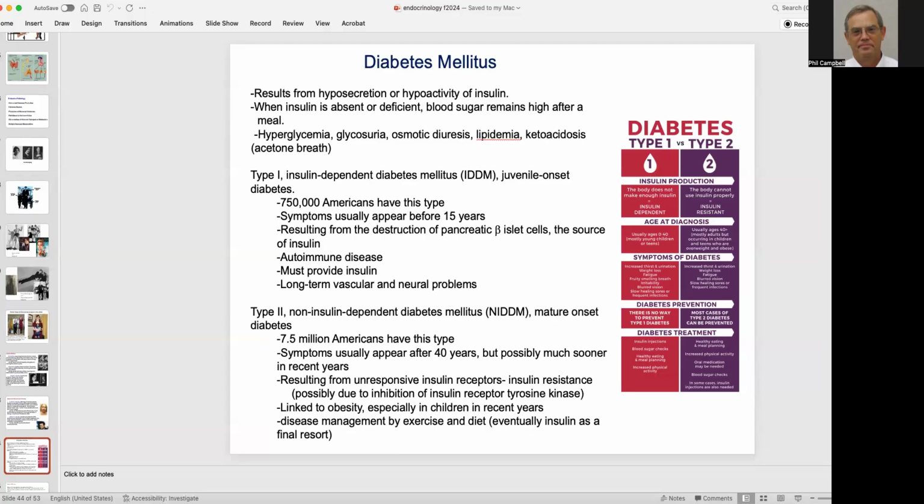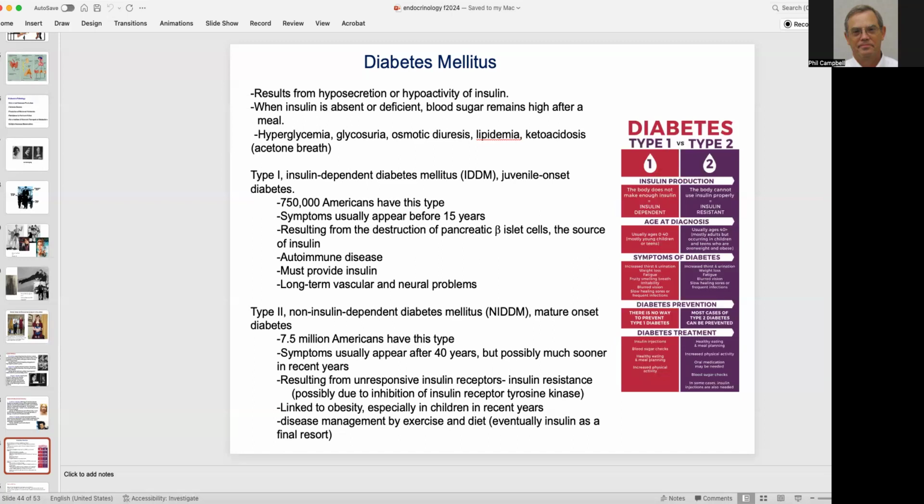It is a result of the body's immune system attacking itself. Sometime during childhood, there is an initiating inflammatory event, and the immune system starts to attack the pancreas, destroying the cells that are responsible for secreting insulin.